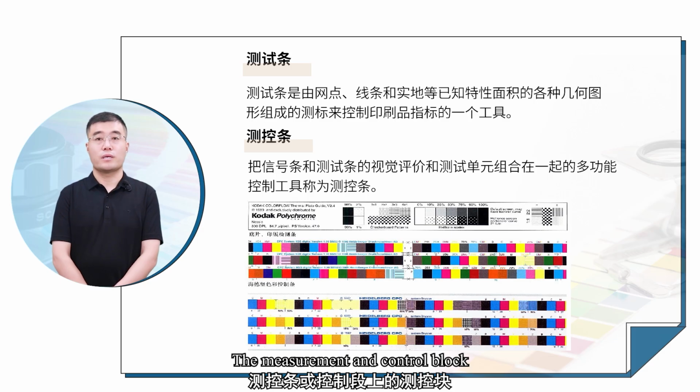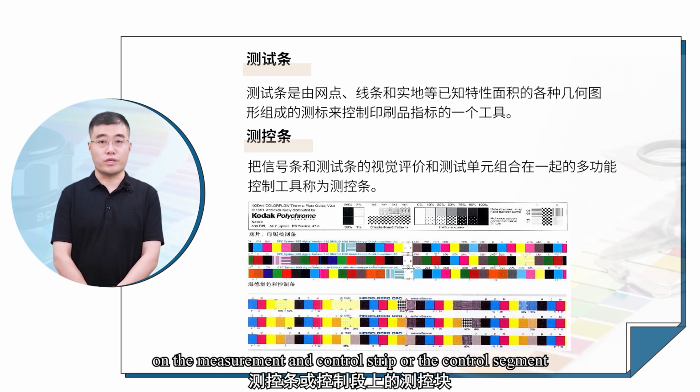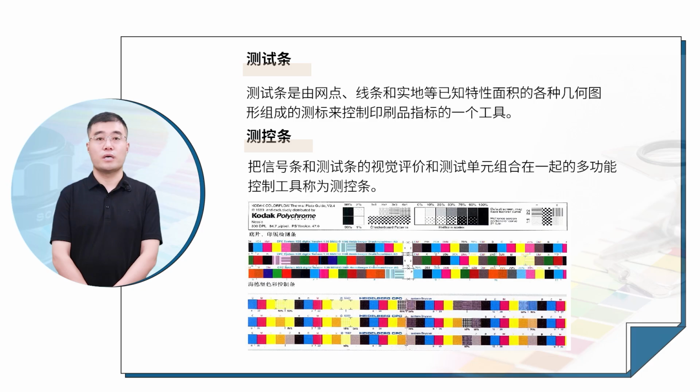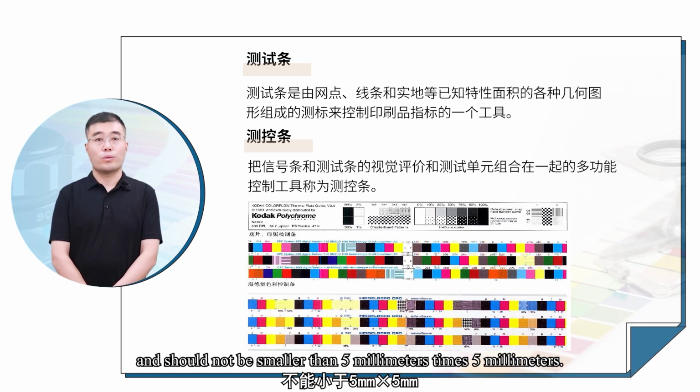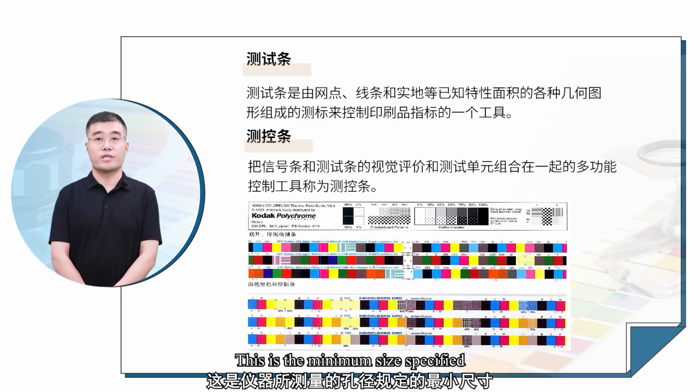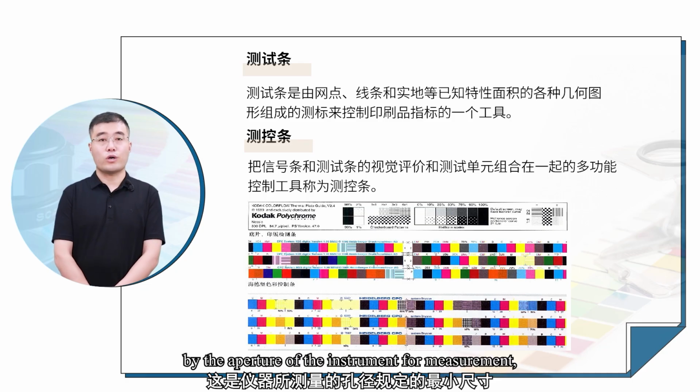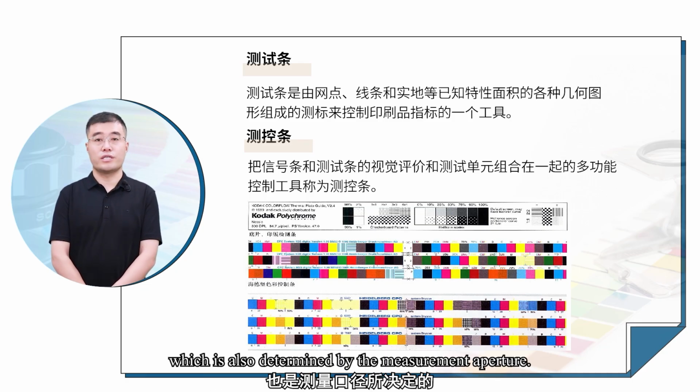The measurement and control block on the measurement and control strip or the control segment generally has a size of 6 mm x 6 mm and should not be smaller than 5 mm x 5 mm. This is the minimum size specified by the aperture of the instrument for measurement, which is also determined by the measurement aperture.